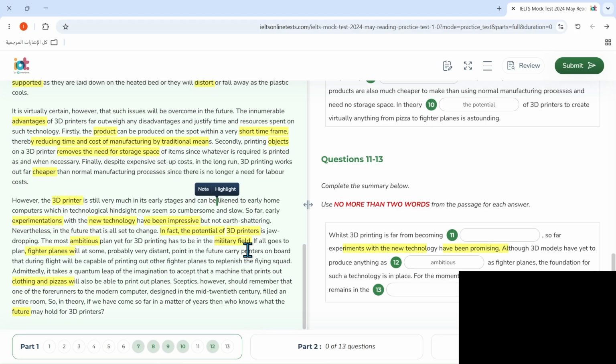So far, early experiments with the new technology have been impressive, but nevertheless in the future, that is all set to change.